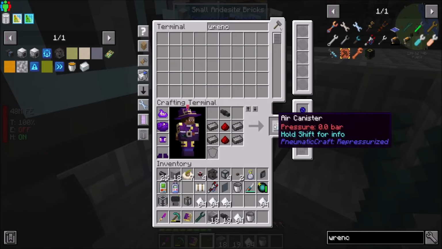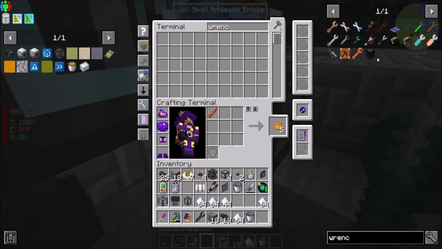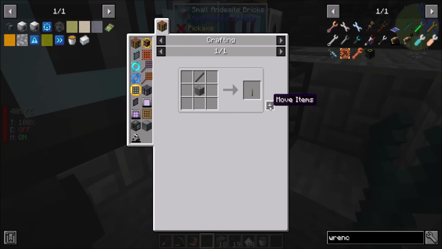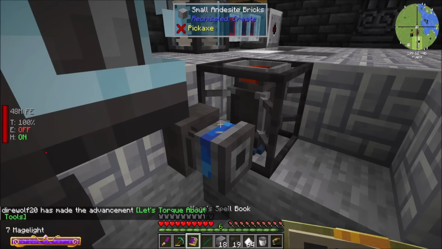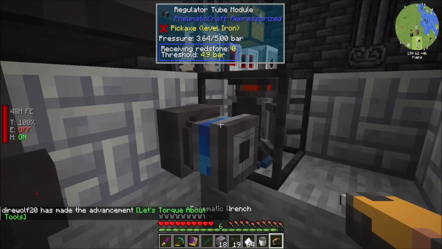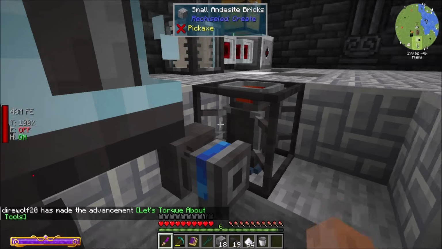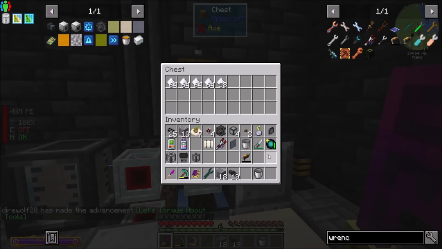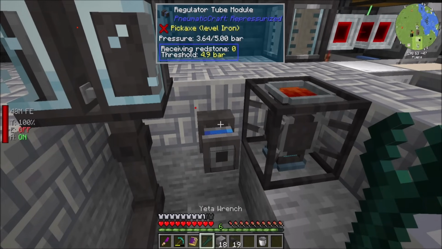Needs a few things, but I think we can pull it off. Not great. All right, thinking for a sec. I need to figure out how to place these correctly, because they never want to place the way I want them to.